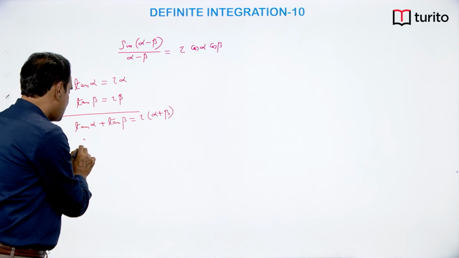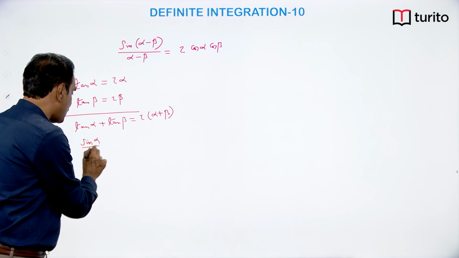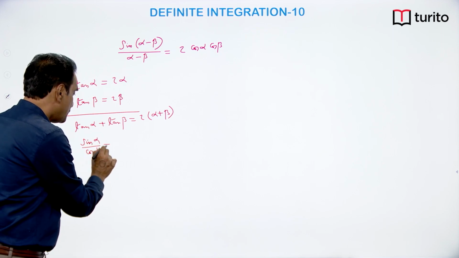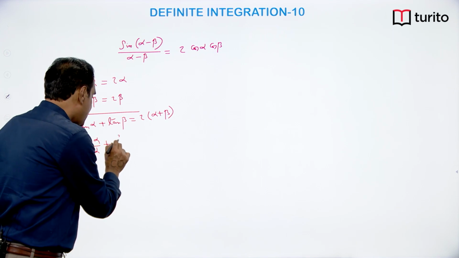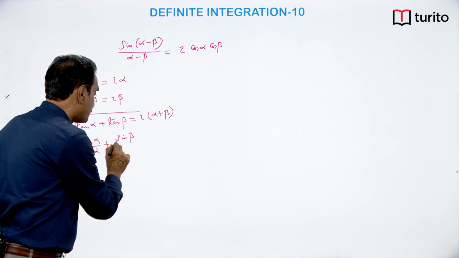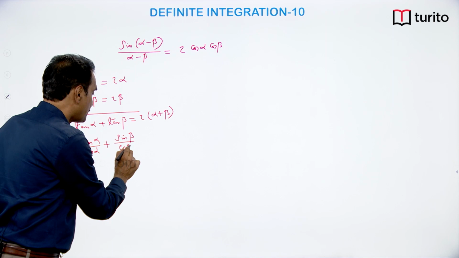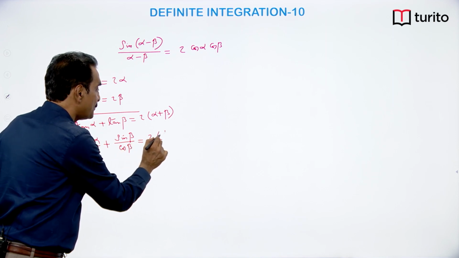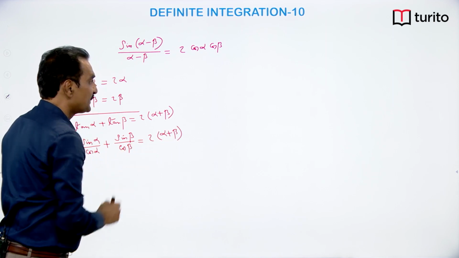Then tan alpha is sin alpha by cos alpha plus sin beta by cos beta is equal to 2 into alpha plus beta.